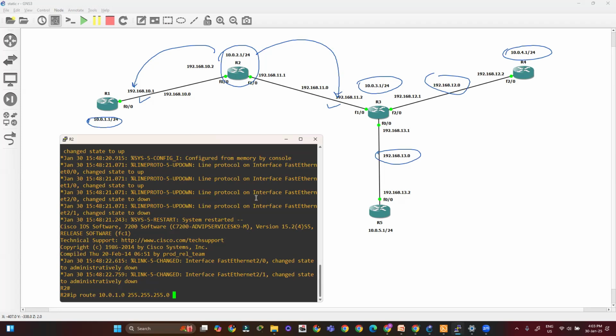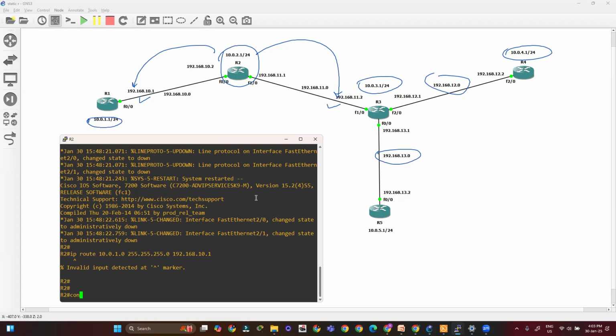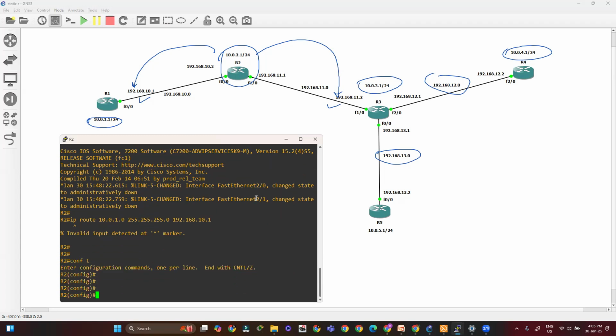Now you have to mention the next hop address, that is 192.168.10.1. You have to provide all this configuration in global configuration mode. ip route 10.0.1.0, subnet mask 255.255.255.0, and the next hop address 192.168.10.1.